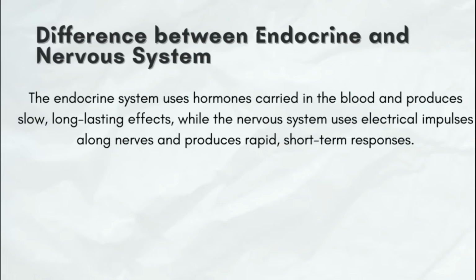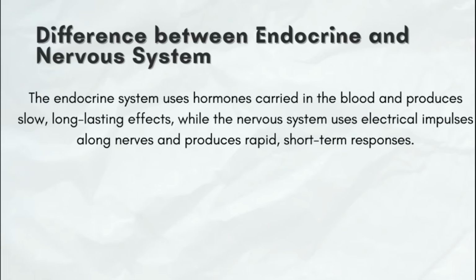Whether it means increasing something, decreasing something, or controlling the blood sugar, it all works together to maintain homeostasis in the body. Now, one main difference between the endocrine and the nervous system is that the endocrine system uses hormones, while in the nervous system we have neurotransmitters.